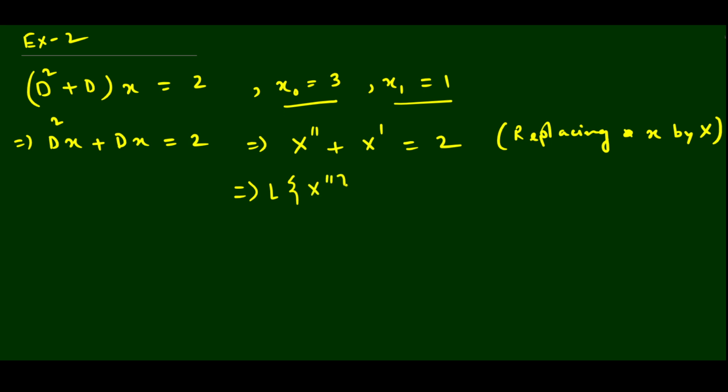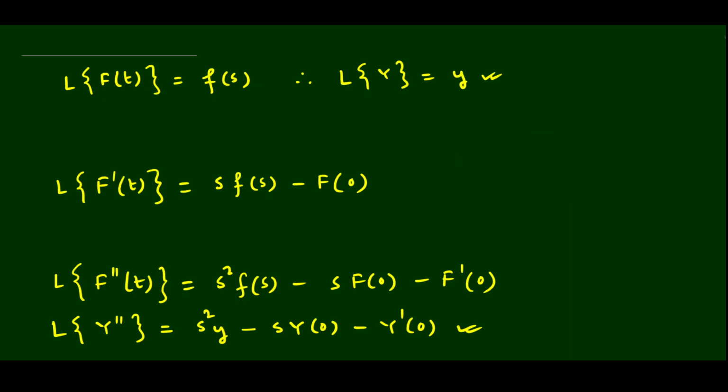So Laplace transformation of x double dash plus Laplace transformation of x dash, then Laplace transformation of 2. You see, again we have to put these two formulas. Now it is x dash. So Laplace transformation of x dash will be what? s times capital X minus x of 0.